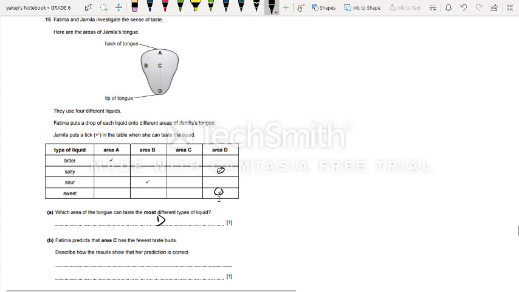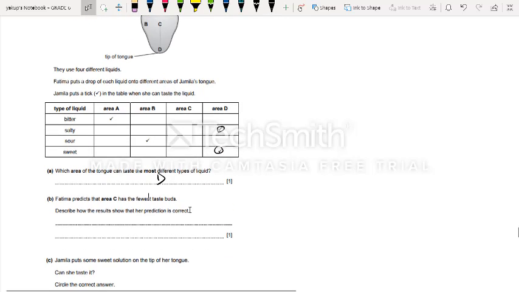The answer is D because it tastes also salty materials and sweet materials, guys.